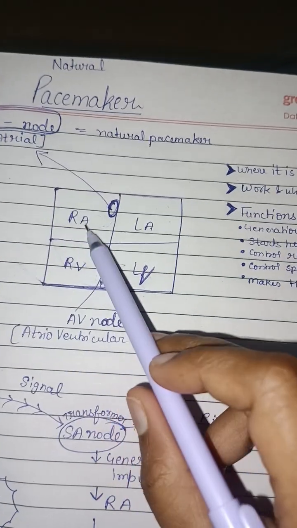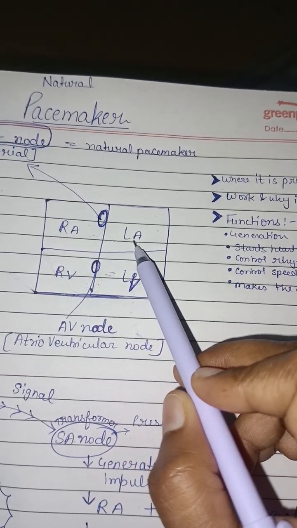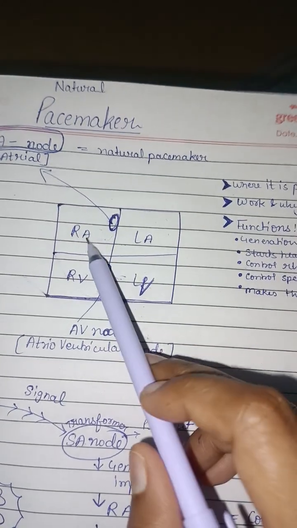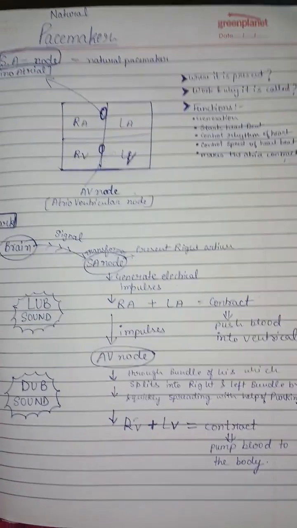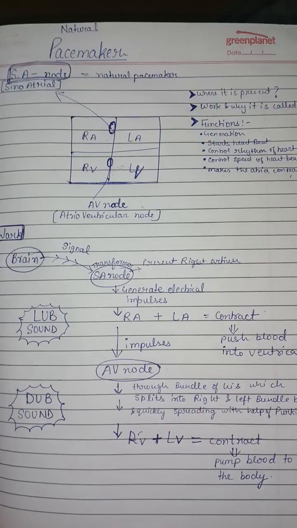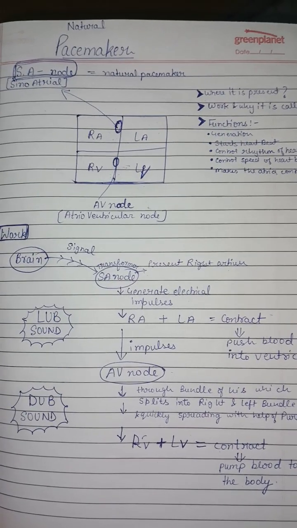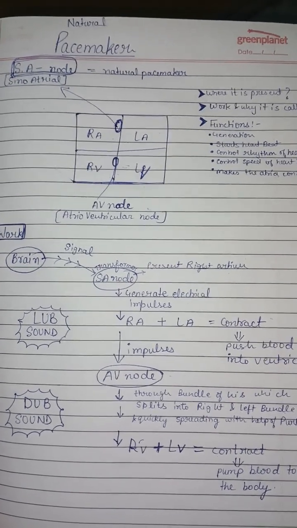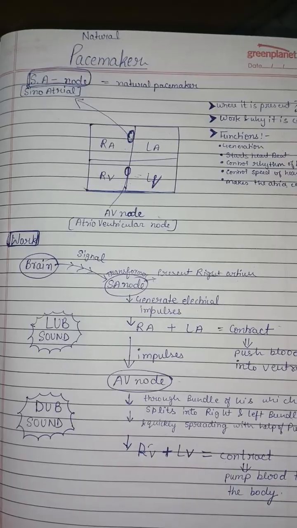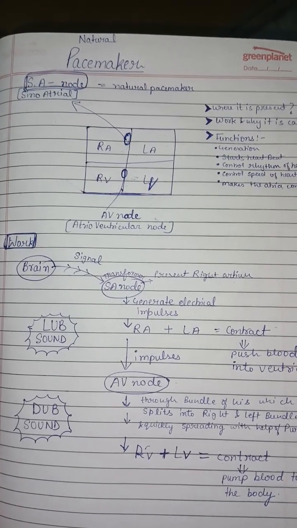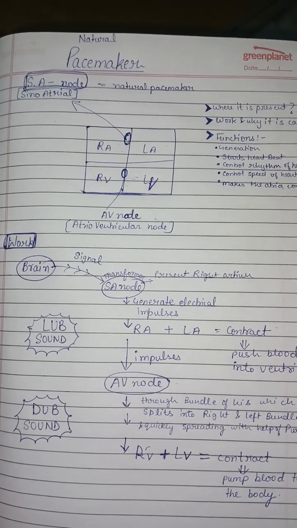The atrial contraction happens due to the SA node. So this is the whole mechanism, the work, and why it is called the natural pacemaker. This is all about the pacemaker and the SA node. Thank you so much.